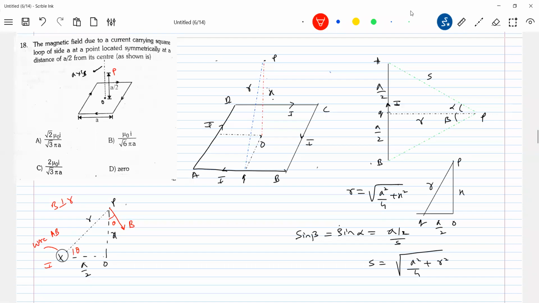I think I've given enough diagrams. The answer is mu naught I root 3 pi A. Wait, I'll give the value. C option, A option?